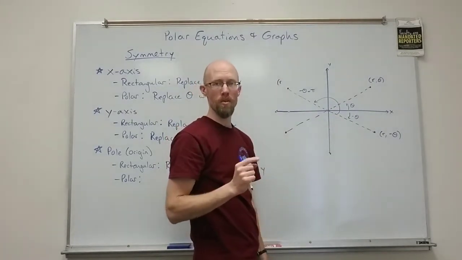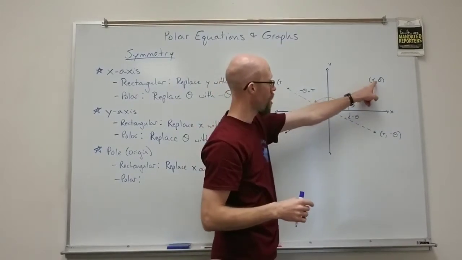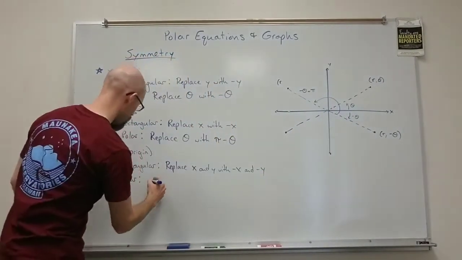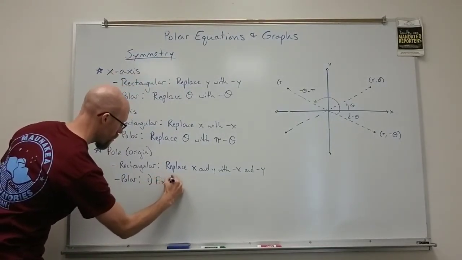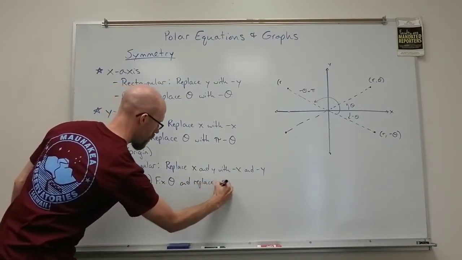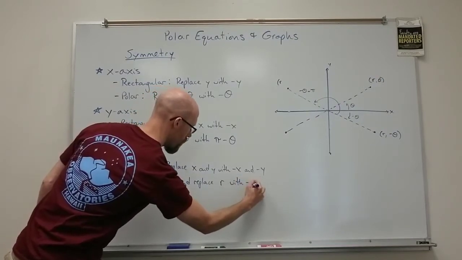So one way that you can show polar symmetry is to replace r with negative r, but fixing theta, okay? So option number one is to fix theta and replace r with negative r, right?